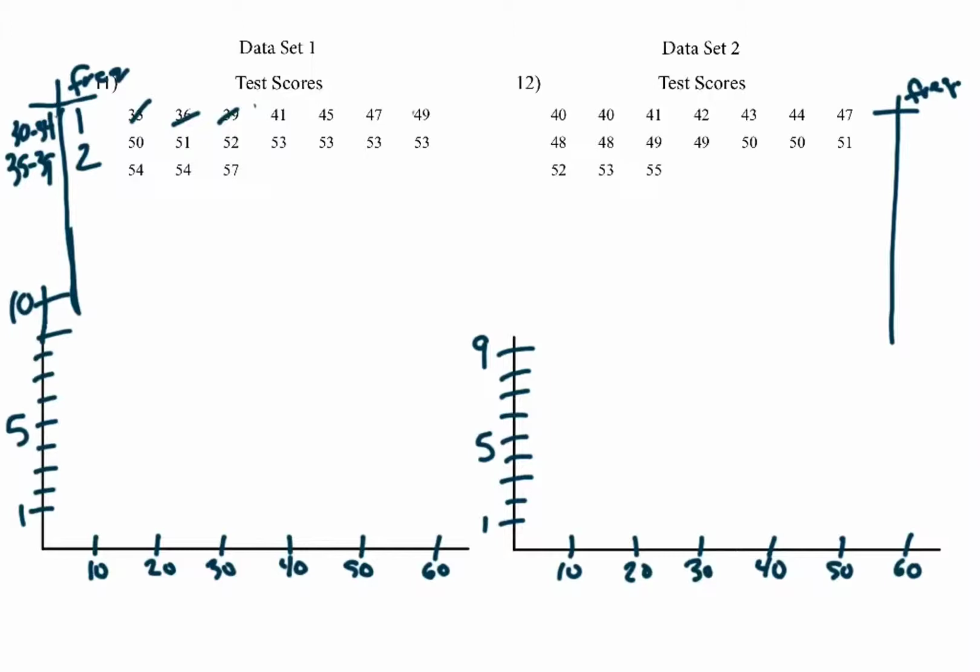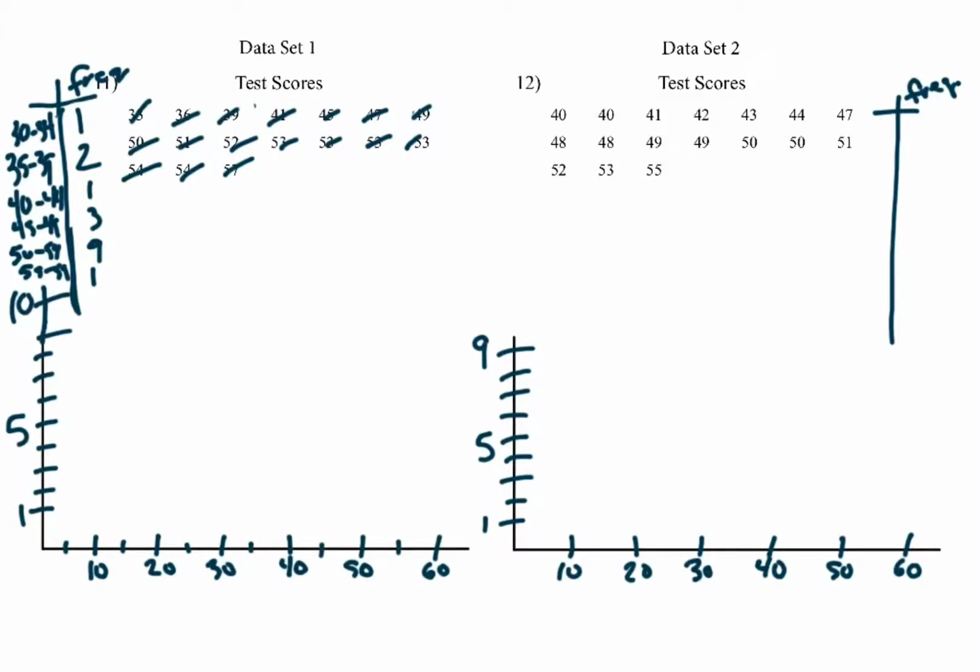Then I would go 40 to 44, which there's 1. Then 45 to 49, which there's 3. Then 50 to 54, there's 9. And then 55 to 59, which is there's 1. So then basically I just do 5 by 5s here.